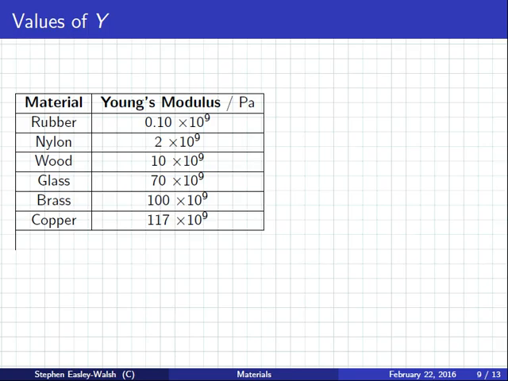This is Young's modulus, so it tells us how stretchy the material is. So the bigger the number, the less stretch. The bigger the number, the more force you would need to move the same extension. Steel, 200 times 10 to the 9.